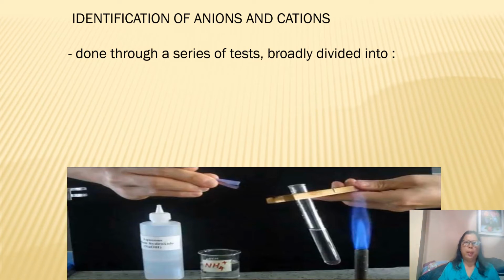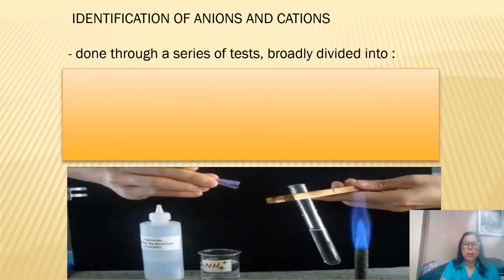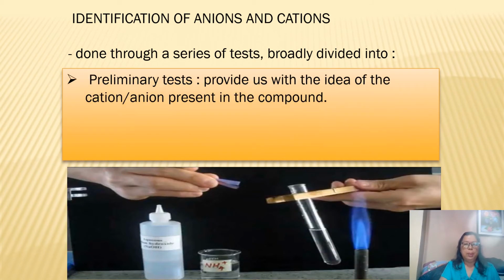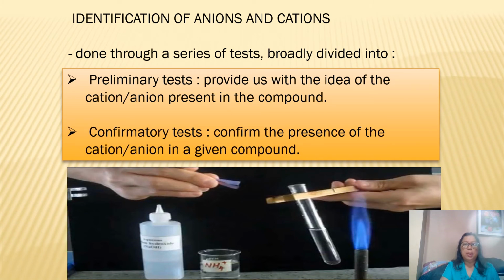Identification of anions could be done through a series of tests, and this could be subdivided into two. You have the preliminary test and the confirmatory test.